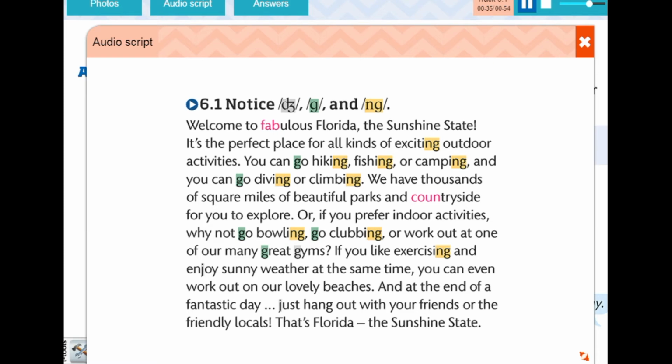Or, if you prefer indoor activities, why not go bowling, go clubbing, or work out at one of our many great gyms? If you like exercising and enjoy sunny weather at the same time, you can even work out on our lovely beaches. And at the end of a fantastic day, just hang out with your friends or the friendly locals. That's Florida, the Sunshine State.